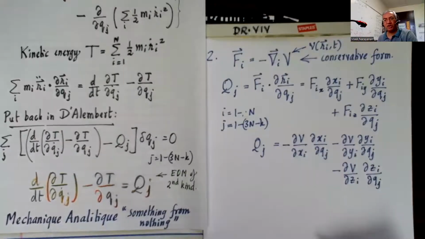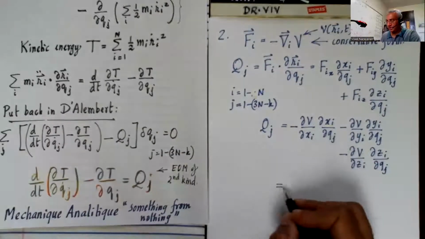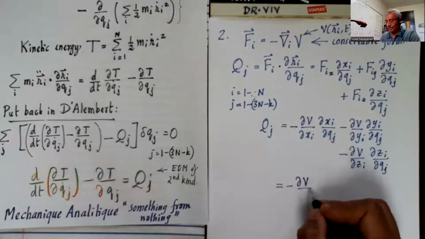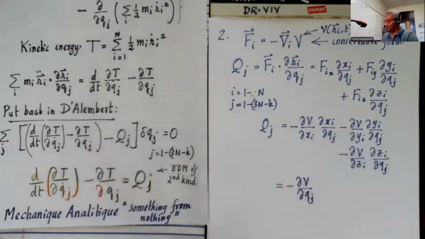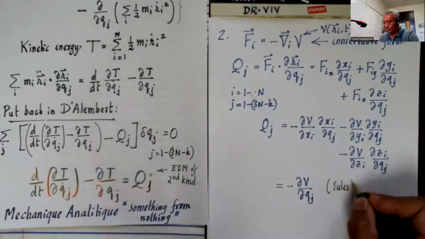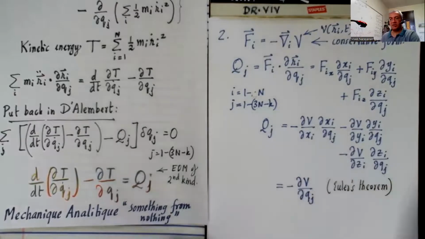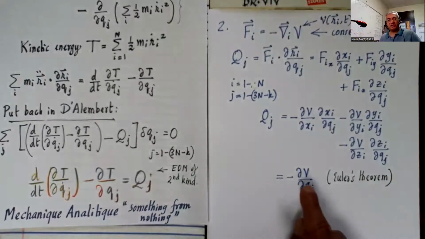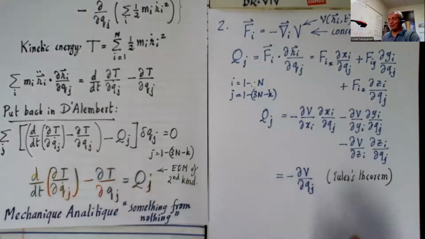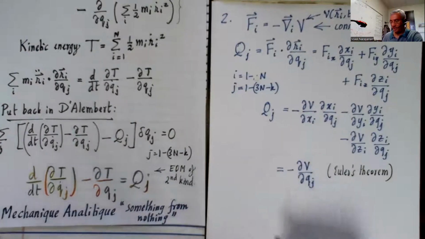Now there's a theorem called Euler's theorem in partial derivatives, which tells you this is equal to simply negative del V by del qj. Right here, Euler's theorem. Because Qj is simply negative del V by del qj, we can put that over there. Meanwhile, I'm going to write this Euler-Lagrange, the equation of motion of the second kind, as follows.